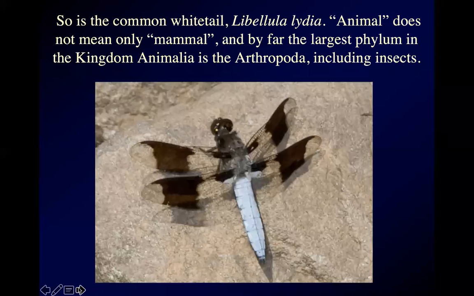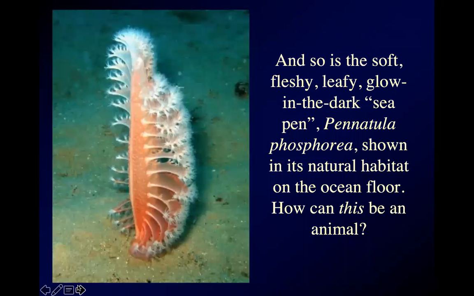You'll see these around here when spring and early summer comes. Libellula lydia just happens to be a very pretty local insect. But insects are animals too. And so are sea urchins and earthworms and, oh, good grief, clams and snails and octopus and sea sponges and corals and jellyfish and this soft, fleshy, glow-in-the-dark sea pen called Pennatula phosphorea.